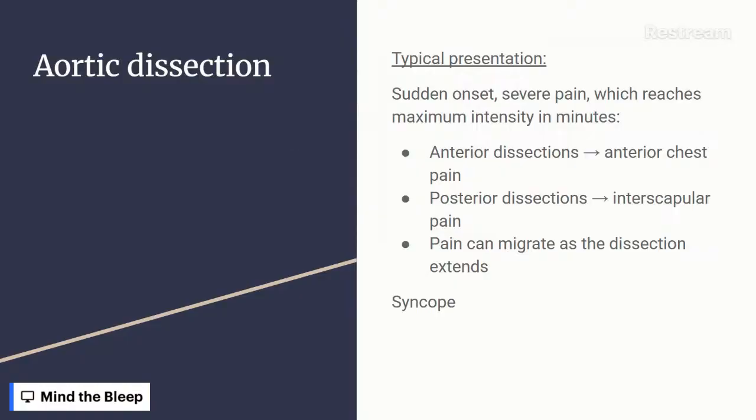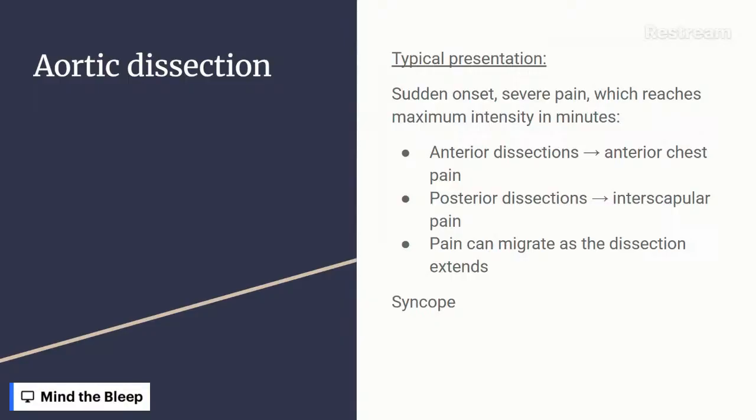In terms of aortic dissection, now this can present quite similarly in patients. So again, it's going to be sudden onset. Again, severe pain, but this pain reaches its maximum intensity within minutes, and often the patient will describe it as tearing.